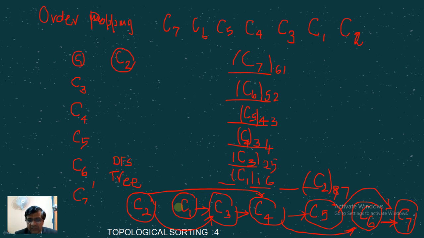Okay, C1 is arranged in such a way that C1 is the vertex where the edge leaves and it joins the other vertex. It is behind C3, because the edge leaves C1 and joins C3. This is the topologically sorted list.